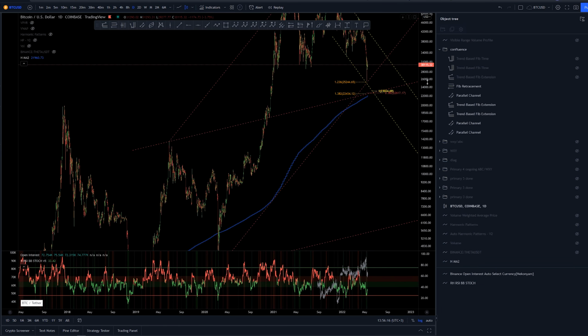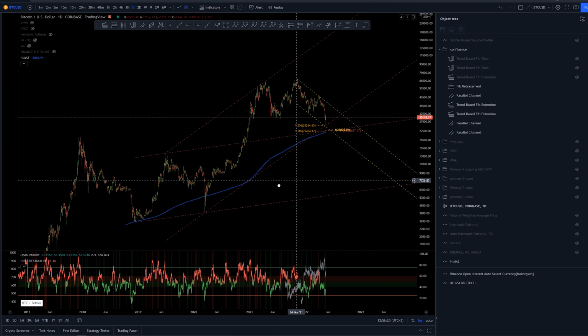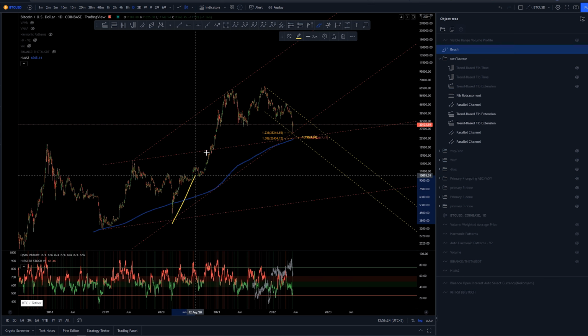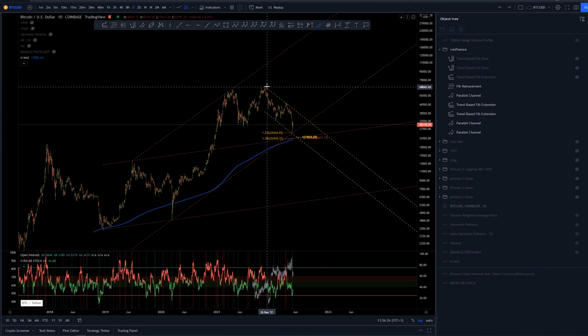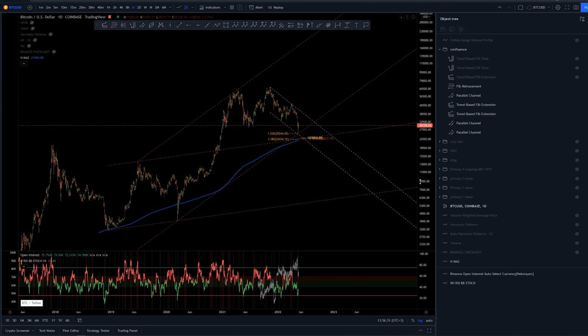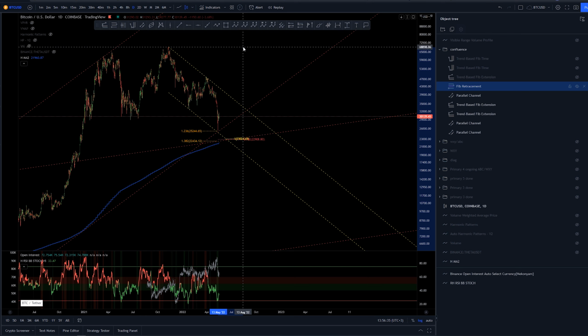What else do we have here is the 38.2 retracement for this wave 3. So basically retracement of this move here. Now whether the 3 is actually here or here, the target for the wave 3 is not too much moving. We can see it just by lining it up here, here or even here.